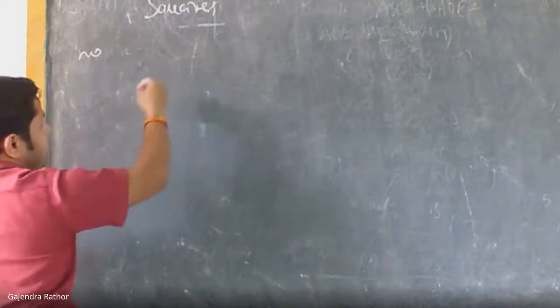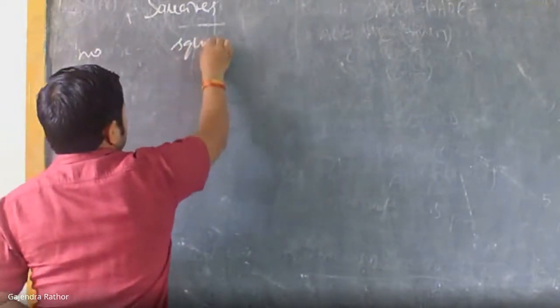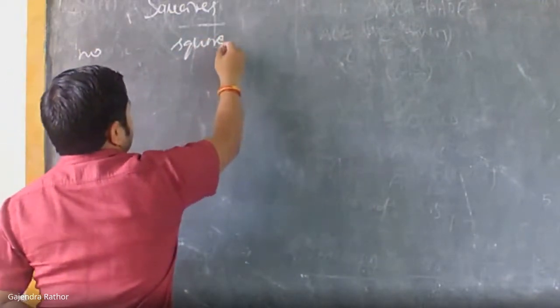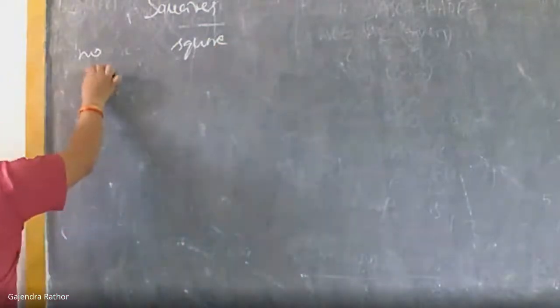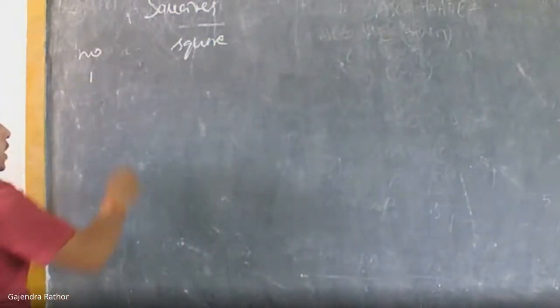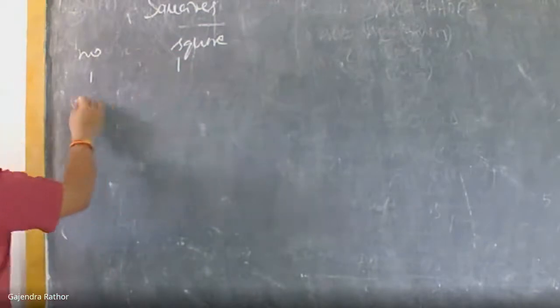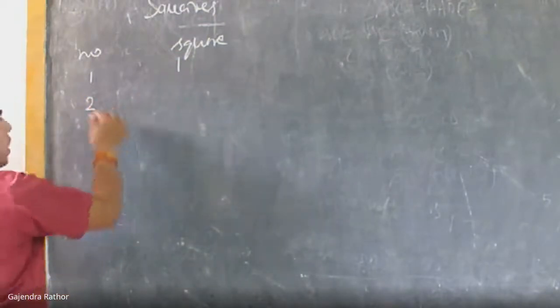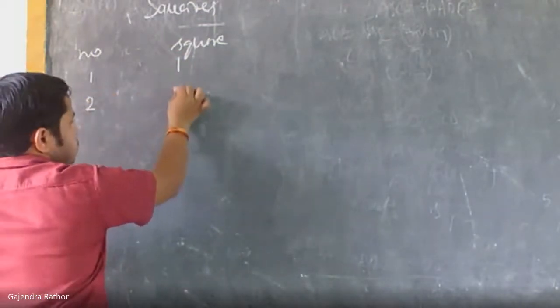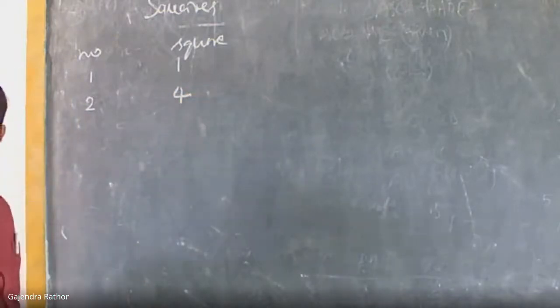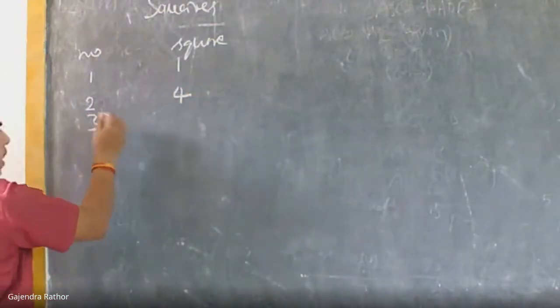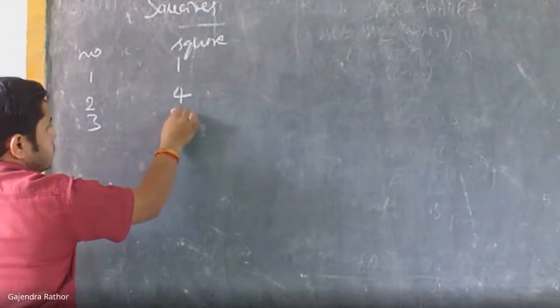The first column is the number and the second column is the square. So the number 1, the square of 1 is 1. Next, 2, the square of 2 is 4. 2 multiplied by 2 is 4. Next 3, the square of 3 is 9.